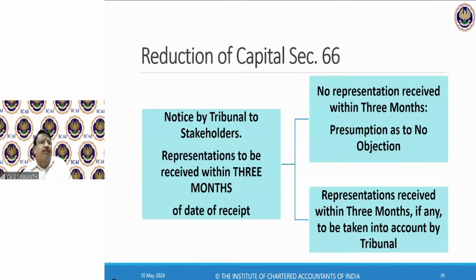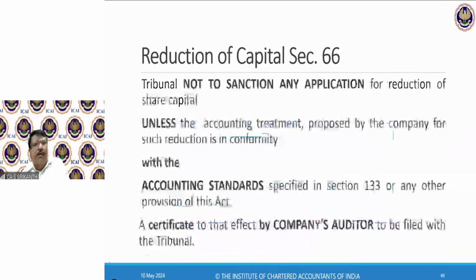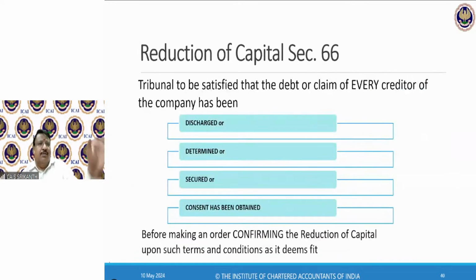Before taking it up, the notice will be given by the tribunal to all the stakeholders. They'll be given time to make representations within 3 months. And if no representation is received, then there is a presumption as to no objection. In case any representations are received, they will be considered. And finally, the tribunal will pass an order for reduction.